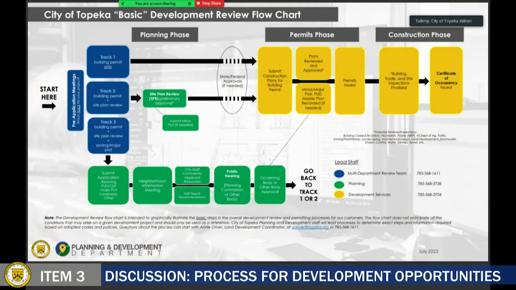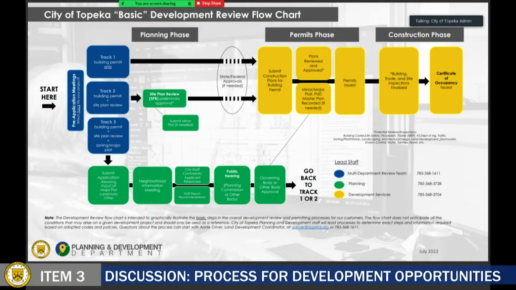The last track, we ask if it fits. So if it doesn't fit one of those two boxes, it's probably because it's on track 3, which is not only do you need a building permit and a site plan review, but you probably need some entitlement through zoning or platting that needs to be approved. It could also be in a historic district that needs Landmarks Commission approval.